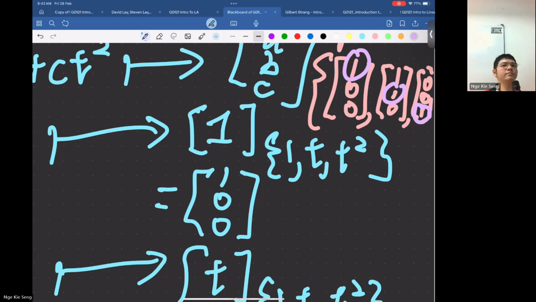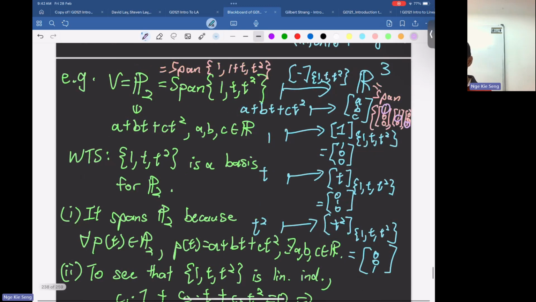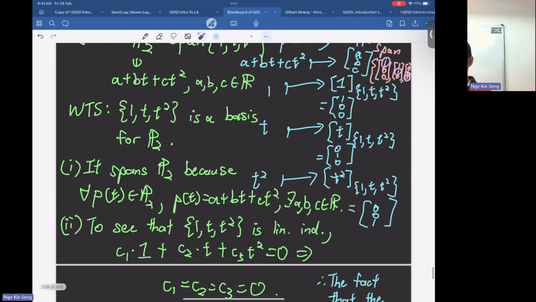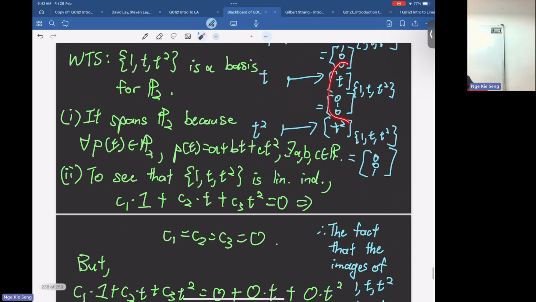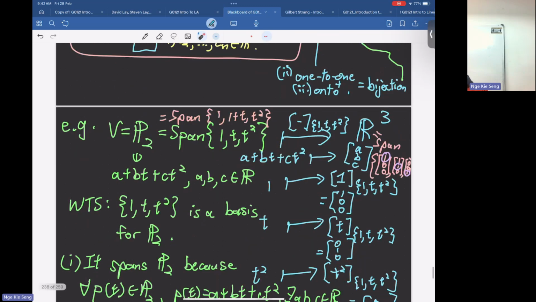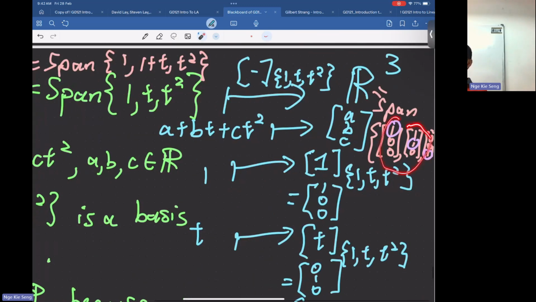Okay, any question? In the exam, either you do the traditional way, or if you understand this coordinate basis very well, you can send it to the right Rn first and then check on Rn. Because on Rn, what you need to check is just find pivots.